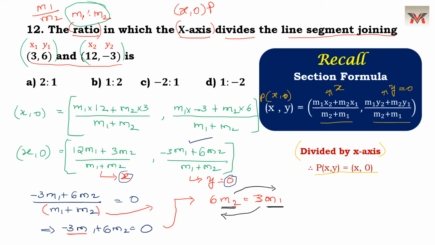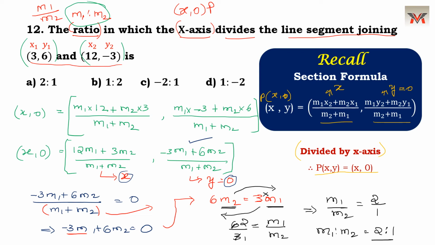So it becomes 6 by 3 equals m1 by m2, because 6 into m2 equals 3 into m1, so m2 goes across as divided by m2. Therefore m1 by m2 is 3 ones are 3, 3 twos are 6, so it is 2 by 1, or m1 is to m2 is 2 is to 1.